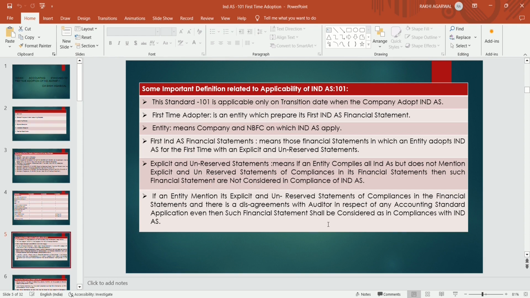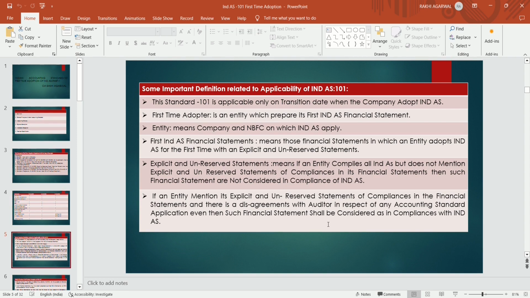It means if an entity complies with all the Ind AS but does not mention an explicit and unreserved statement of compliance in its financial statement, then such financial statements are not considered in compliance with Ind AS.